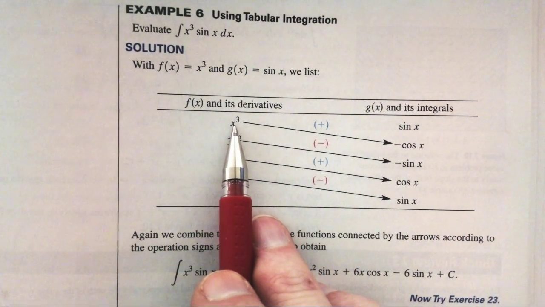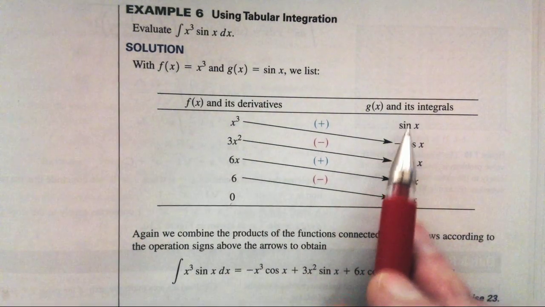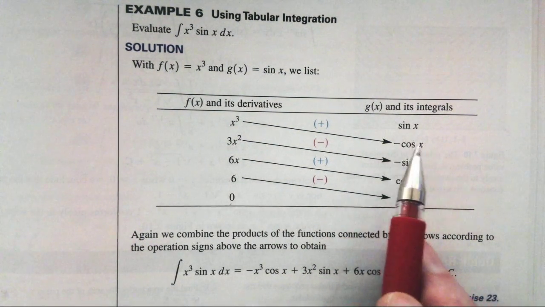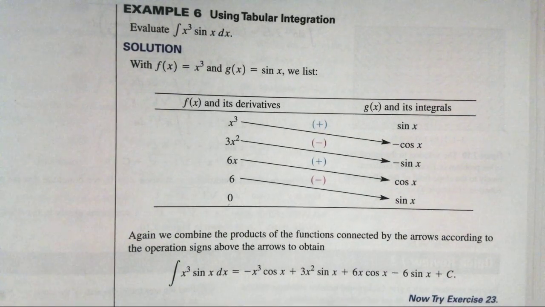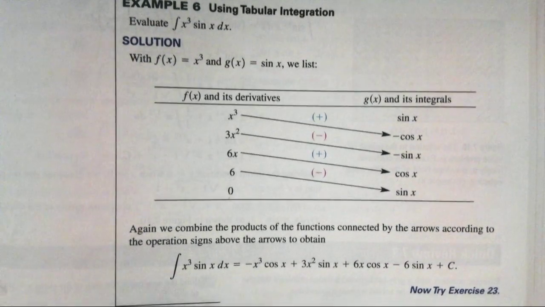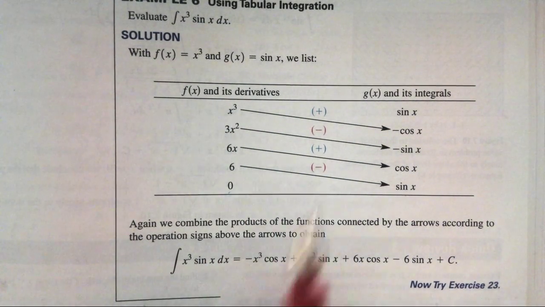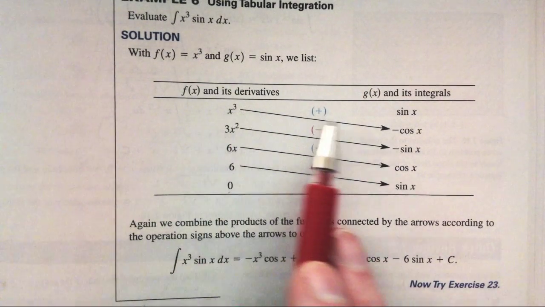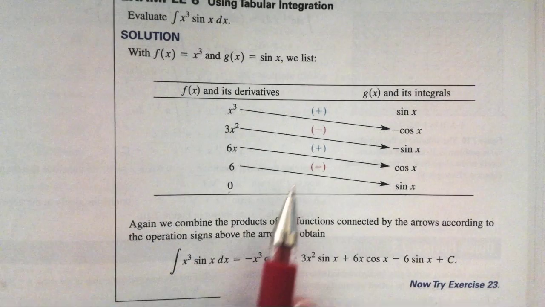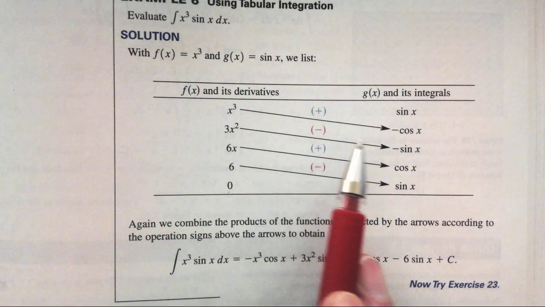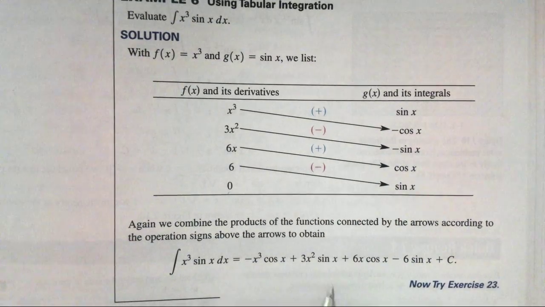So basically, x cubed is our u, sine of x dx is our dv. The integral of sine is negative cosine, the integral of that is negative sine, back to cosine, sine, you can check it. So our final solution, as you can see, wow, is that nice compared to what we just did. The positive version of this product is going to be negative x cubed cosine. The negative version of this product is going to be positive 3x squared sine x.